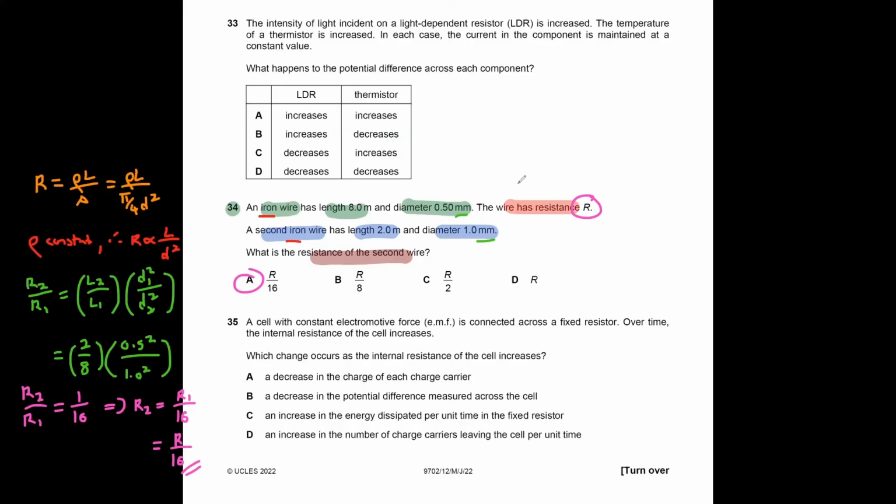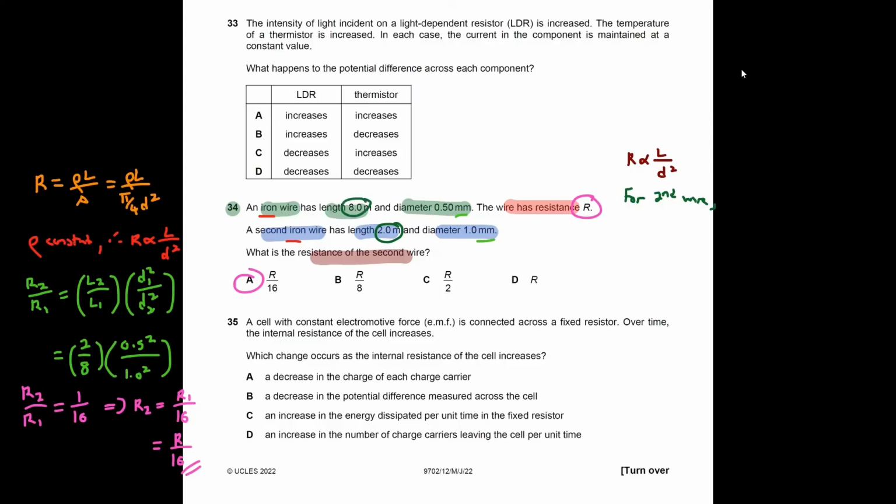Okay. Now, this one is you substituting the value and looking at it like that. There was a so-called easy way that I mentioned to you that you could have used. So that one is this. If I already know R is proportional to L over D squared, if I just look at the second wire alone, I know that the length of the second wire is 2 meters, but 8 meters for the first wire.